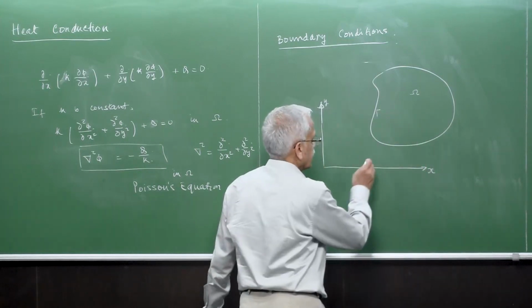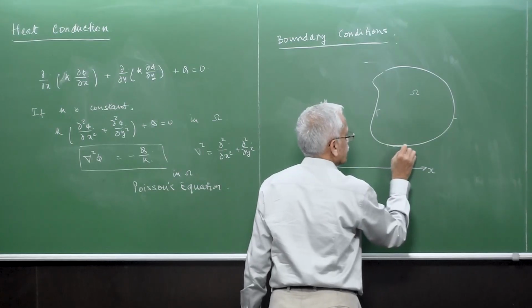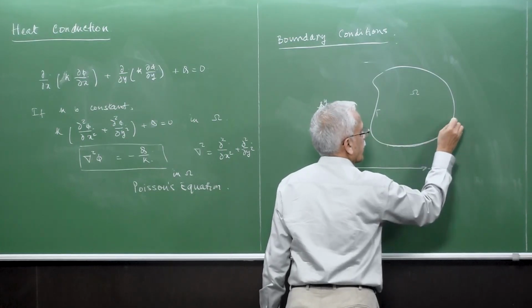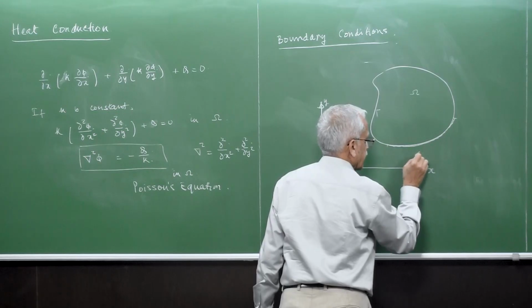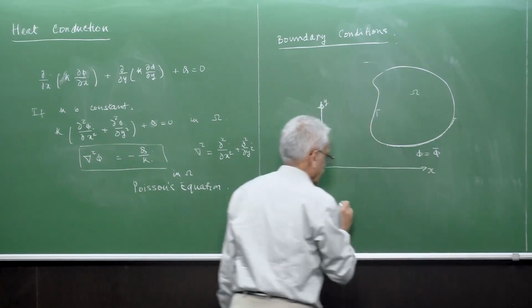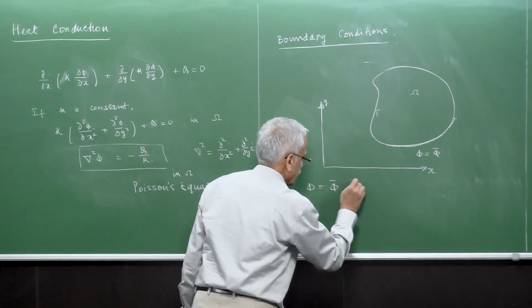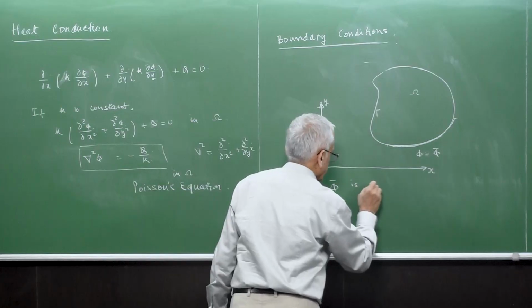One is the application of the temperature. So that means a part of this boundary can be maintained at a defined temperature. So phi is equal to phi bar.